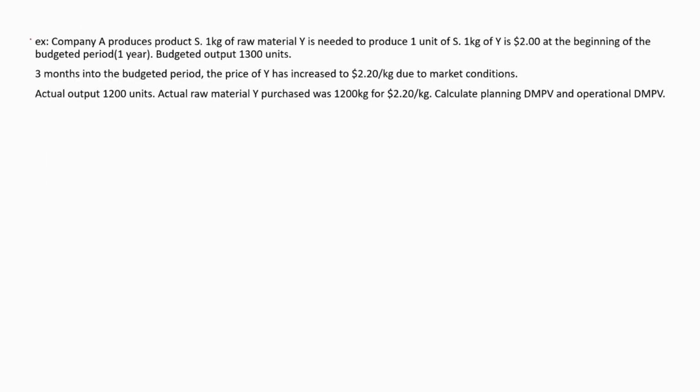Now let's do this example. This is the same example as before, but this is a bit advanced. Company A produces product S. 1 kilogram of raw material Y is needed to produce 1 unit of S. This means 1 kilogram per unit. This is the standard usage.